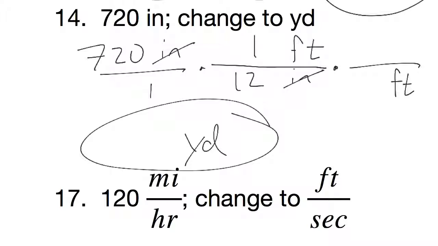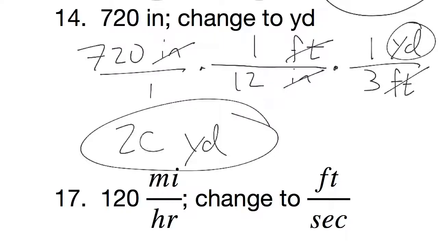Feet are in the numerator, and feet have to therefore be in the denominator to cancel. So I can convert feet and yards. I know that in 1 yard there are 3 feet. When I multiply all the way across, the feet will cancel, and I'm left with only yards. Great. So 720 times 1 times 1 divided by 12 divided by 3 gives you 20 yards. And that's the answer.